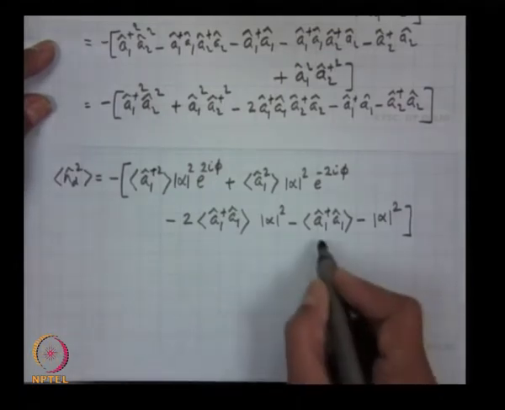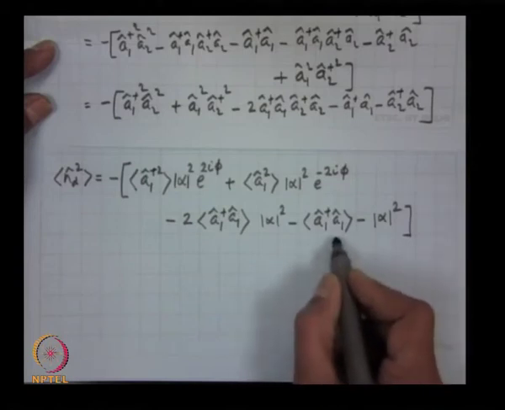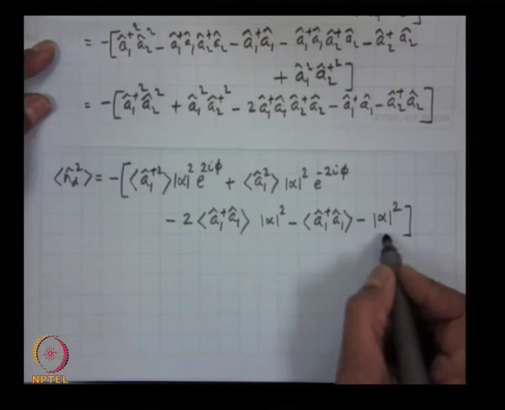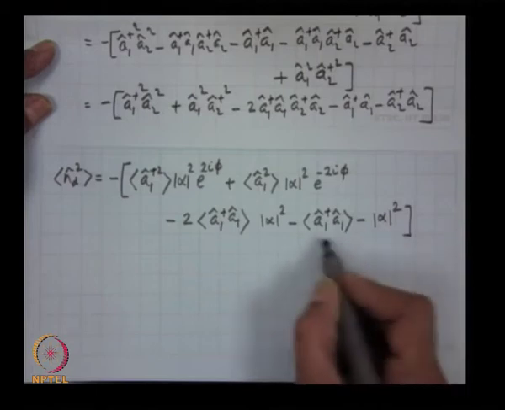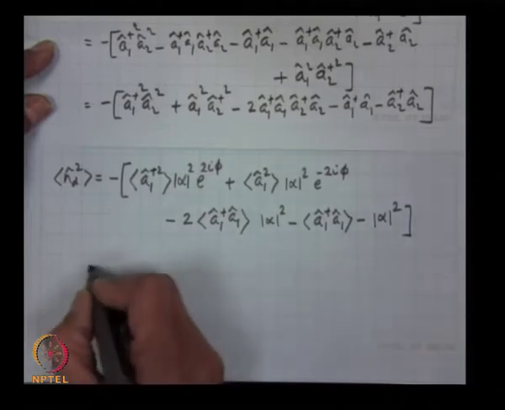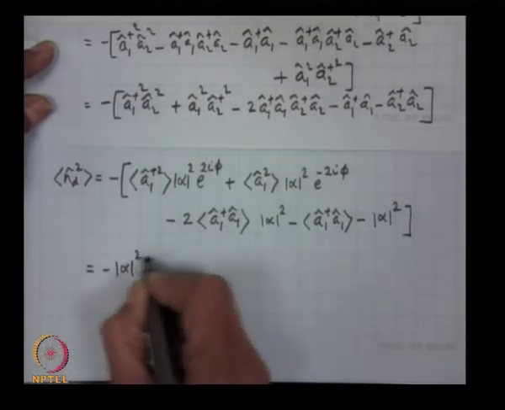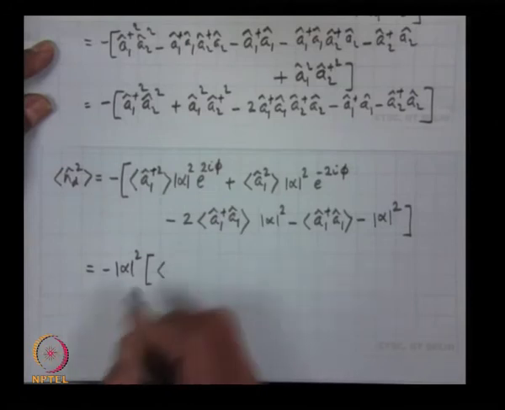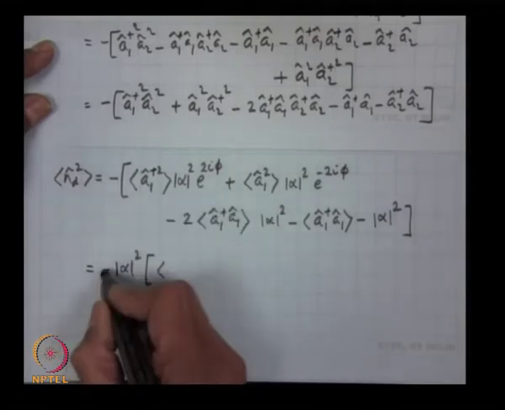Now let me assume that this, what is this? This is the expectation value of the number operator for the input state 1 in arm 1. If my coherent state is very strong, this will be negligible compared to mod alpha square. So I neglect this term and I get minus mod alpha square into, let me take the minus sign also inside.